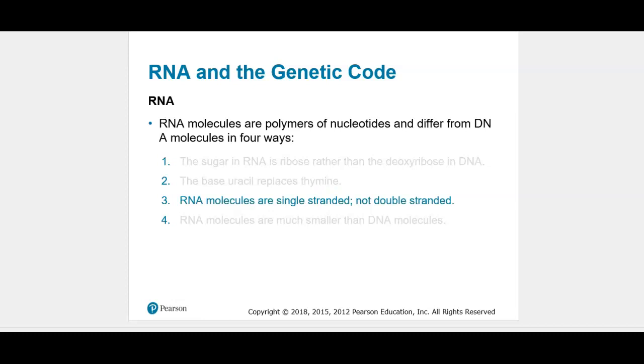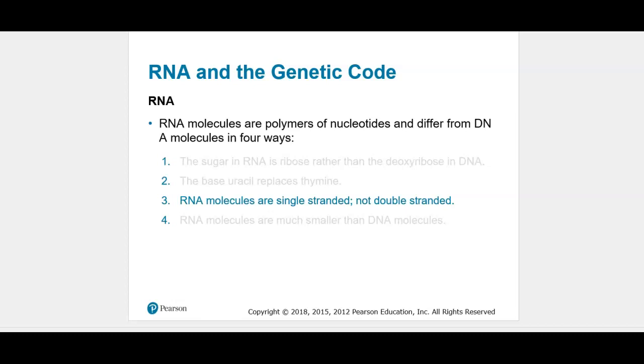RNA molecules are single-stranded, not double-stranded. You just saw on transfer RNA that there is a little bit of complementary base pairing within an RNA molecule, but RNAs do not form double strands as DNA does.